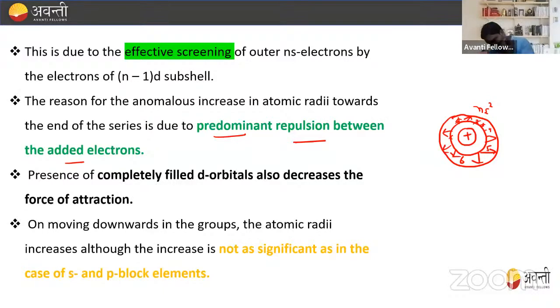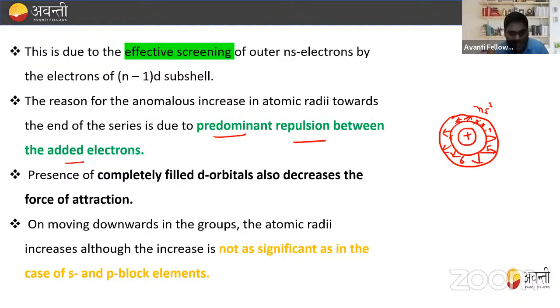Screening means they repel this electron, and due to this the attraction between the outermost electron and the nucleus decreases. As a result, the size suddenly starts increasing, because of the predominant repulsion between the added electrons.